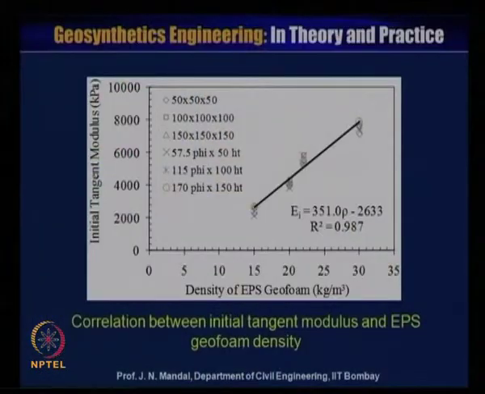Now, I will show the correlation between the initial tangent modulus and the expanded polystyrene geofoam density. Here the x axis is the density of the EPS geofoam. We have taken densities from 15 to 30, and this is the initial tangent modulus value in kilopascal.